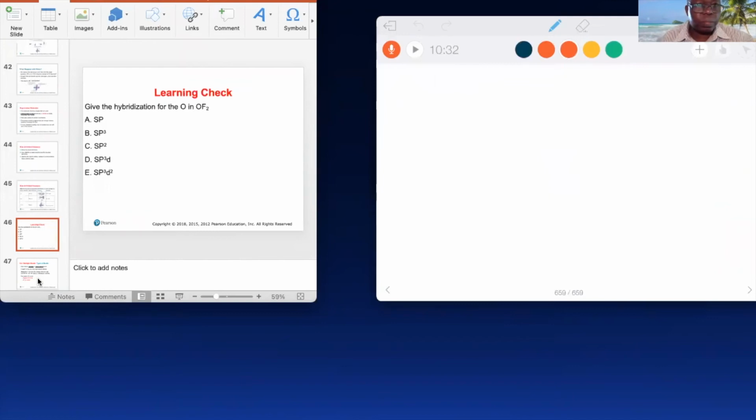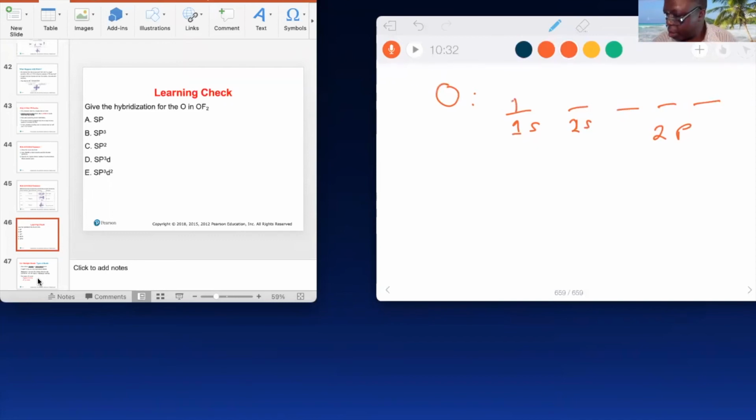Oxygen, O2. So if we have oxygen, let's throw the Lewis, the electron, 2p, all right? Oxygen is number 8. So it has 8 electrons.